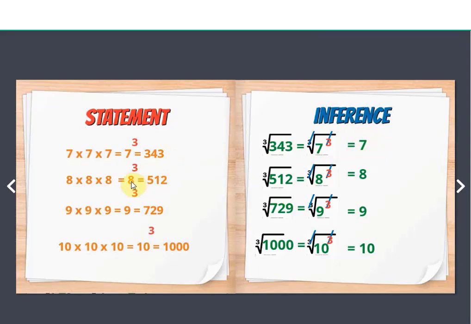Since 8 power 3 equals 512, then the cube root of 512 equals 8. Since 9 power 3 equals 729, then the cube root of 729 equals 9. Since 10 power 3 equals 1000, then the cube root of 1000 equals 10.